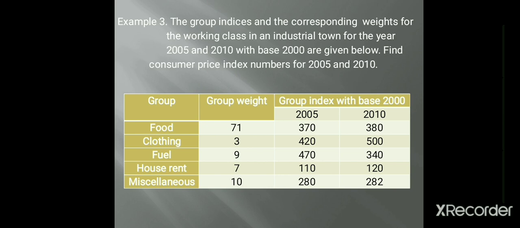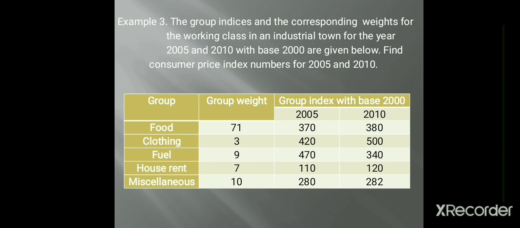Here, year 2000 is the base year, and we have to find consumer price index numbers for both 2005 as well as 2010, keeping 2000 as base year. With this information, let us speak about the notations.